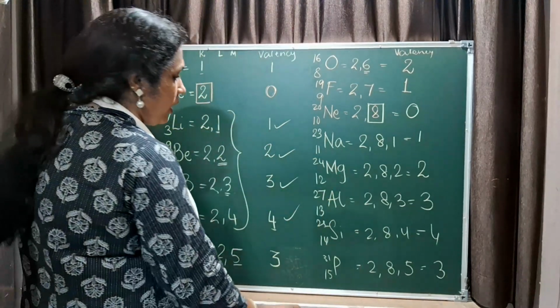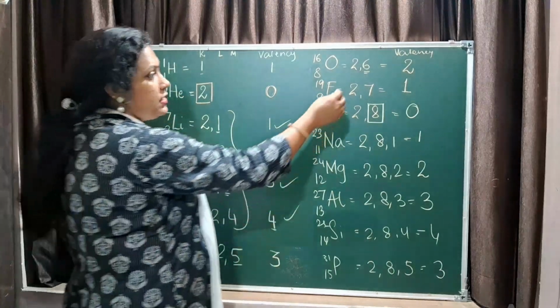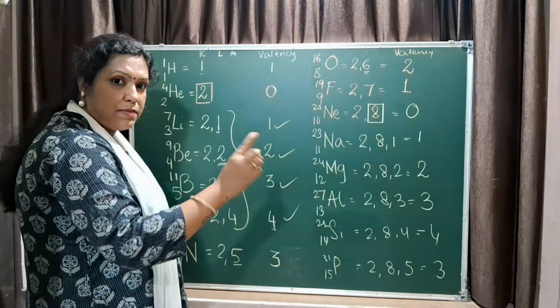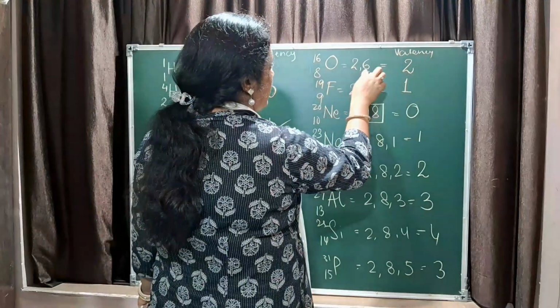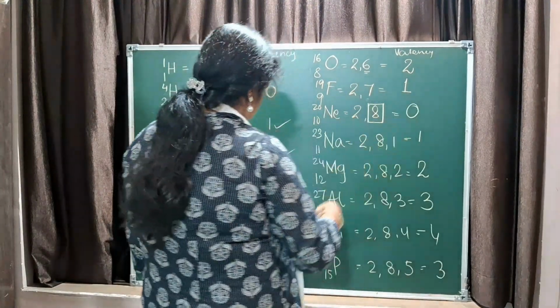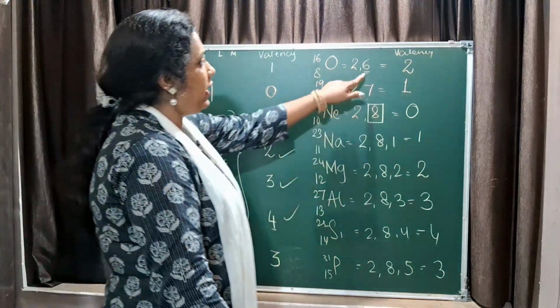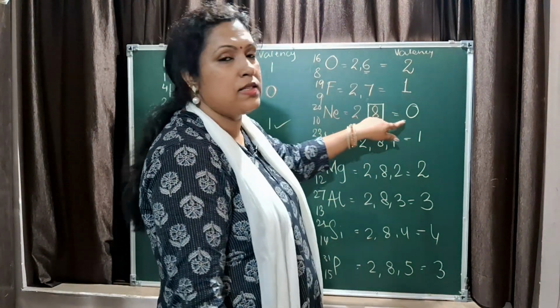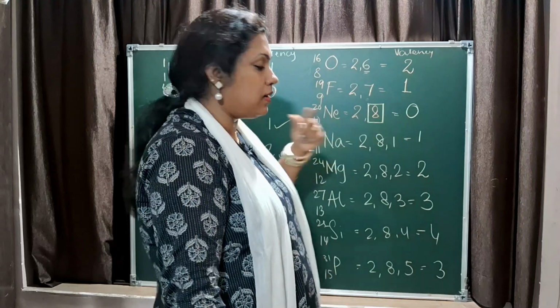And whenever you have 5, 6, 7 or 8, you have the valency as 8 minus 5, 8 minus 6, 8 minus 7 and 8 minus 8. So 8 minus 5 is 3, 8 minus 6 is 2, 8 minus 7 is 1 and 8 minus 8 is 0. Is that clear?